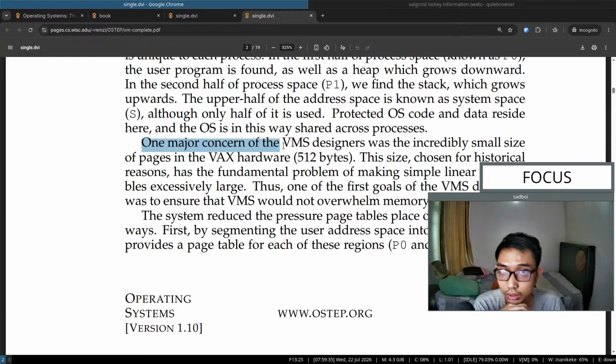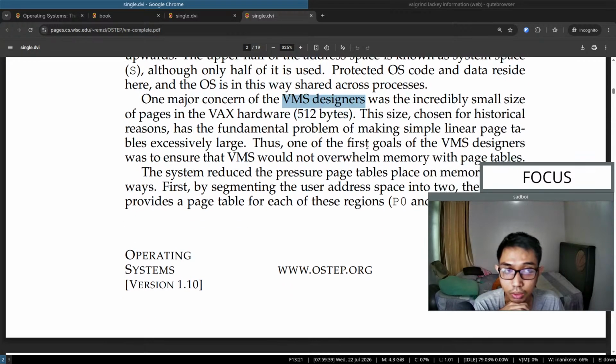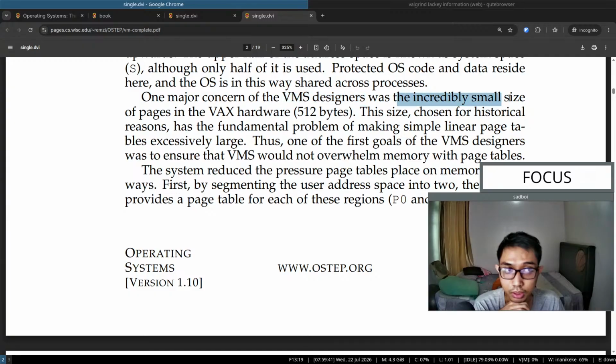One major concern of the VMS designer was the incredibly small size of pages in the VAX hardware, 512 bytes.